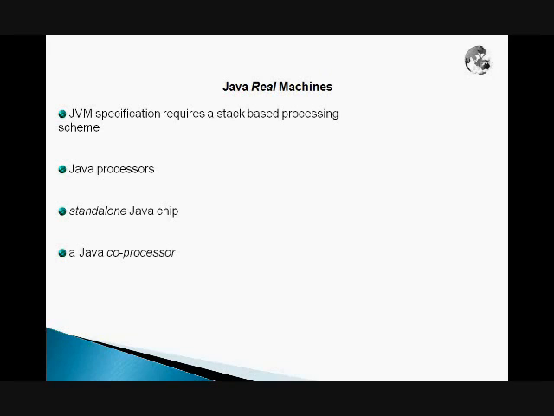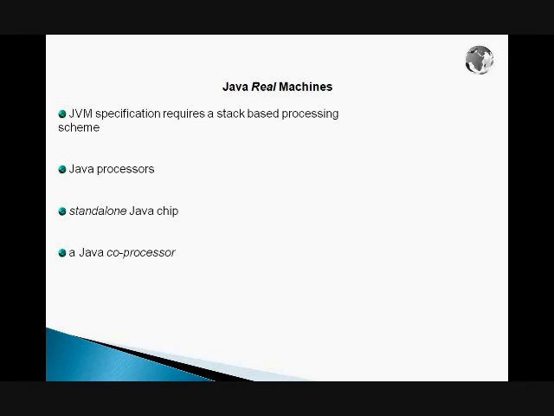Since then, several independent Java hardware implementations have hit the market. The JVM specification requires a stack-based processing scheme rather than the register approach common in conventional hardware. The language designers wanted Java to run on a wide range of processors, including simple embedded types that had few registers, and so decided the stack approach was the most portable.